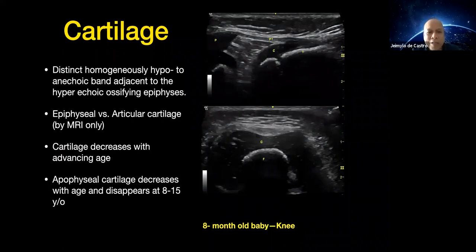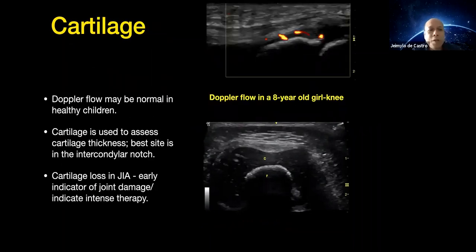What remains are the cartilages in the joints that are characterized as either hyaline or fibrocartilage, but the apophyseal cartilage that attaches the tendon and the bone usually disappears at a certain age. Now, of course, the Doppler flow may be normal in healthy children.